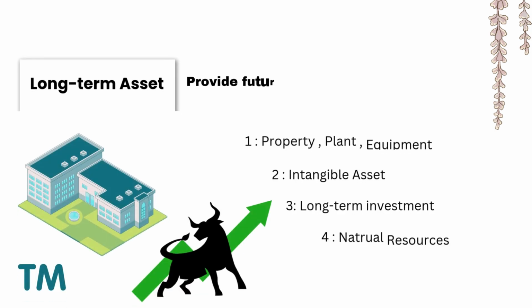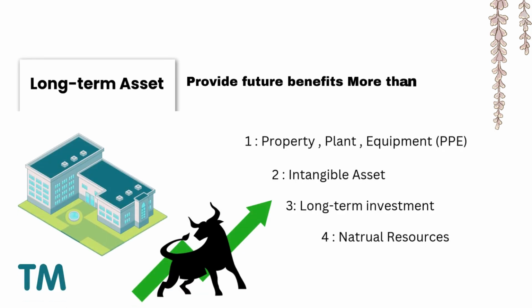The next one is non-current assets, also known as long-term assets, or assets which we use to generate future benefit within a duration of more than a year. Some subdivisions of non-current assets are property, equipment, intangible assets, bonds and stocks, and so on.